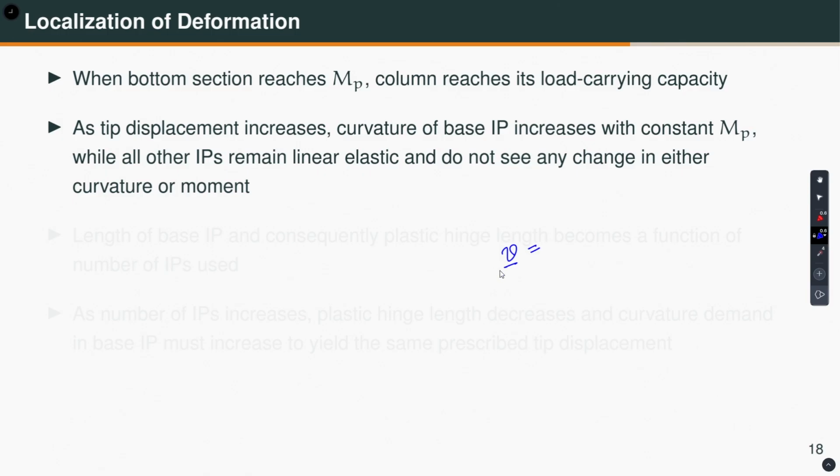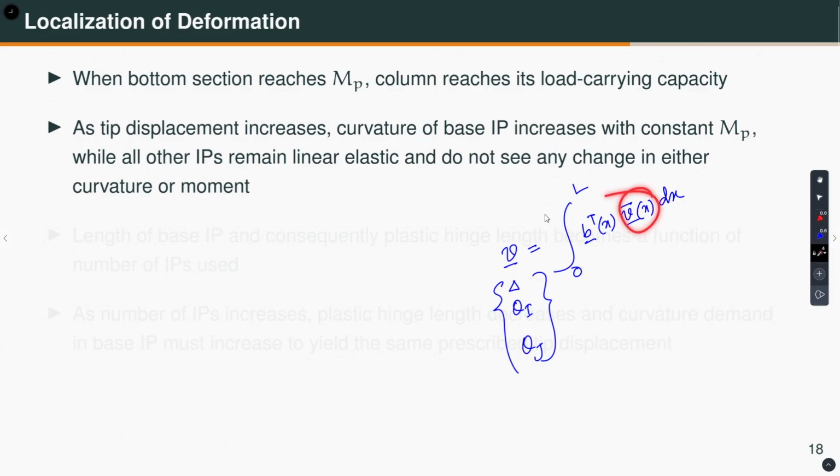The deformation at the element ends, which is basically axial displacement, theta i and theta j, is equal to the integral of B transpose times V bar x dx over the length. So, what is this here? This is my vector of section deformation, which is epsilon x and psi x.